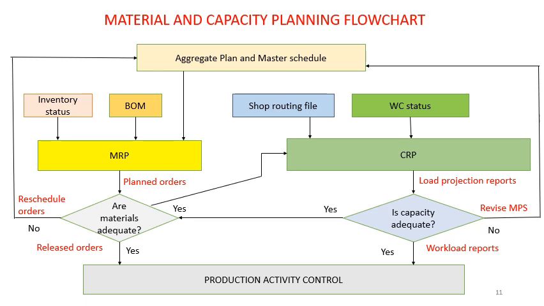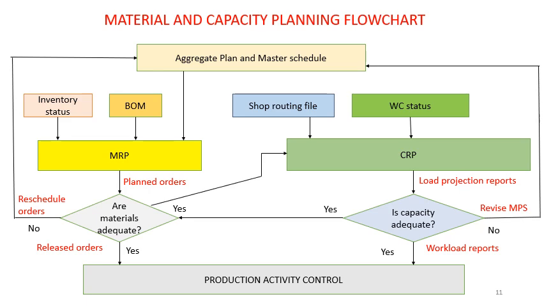MRP deals solely with the materials, their timing, their requirements, quantity, etc. CRP will always deal with capacity. So the CRP will be supporting the function of materials management through capacity estimation, capacity in terms of timings, the capacity of machines, equipment, etc.